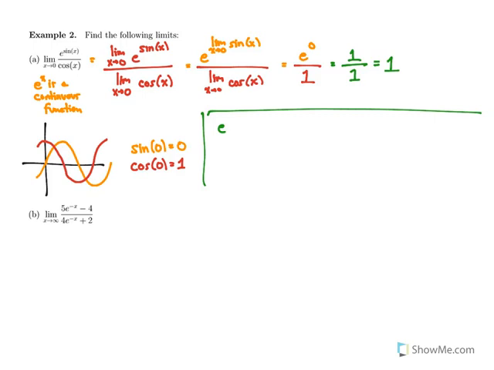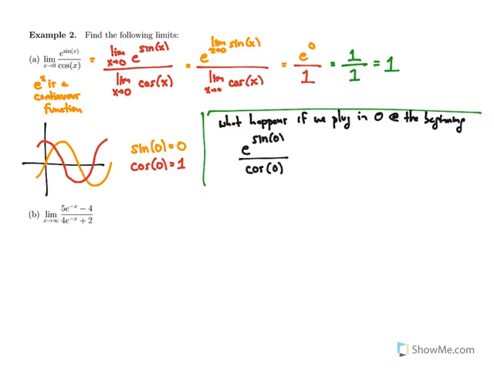What we could say, and we're going to show this in the next video as well, is what happens if we just plug in 0 from the beginning? We have e to the sine of 0 over cosine of 0, and this is pretty much what we did.